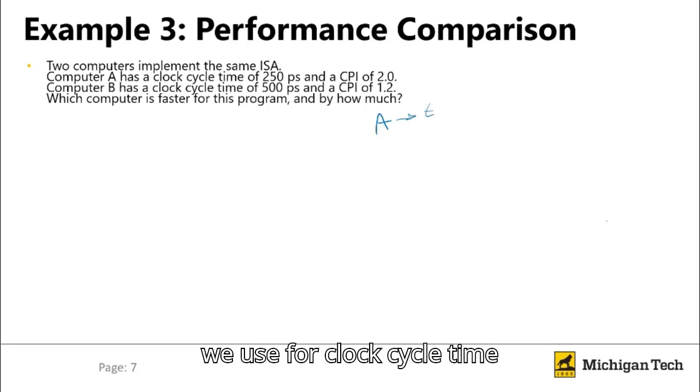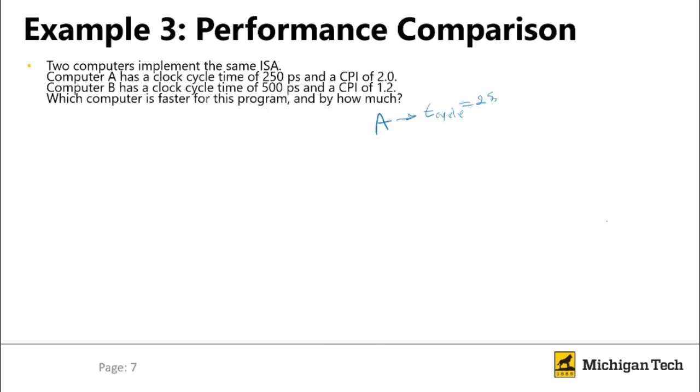The notation that we use for clock cycle time is a lowercase t, and we write cycle here. T cycle is 250 picoseconds. Picosecond is 10 to the power of minus 12 second.